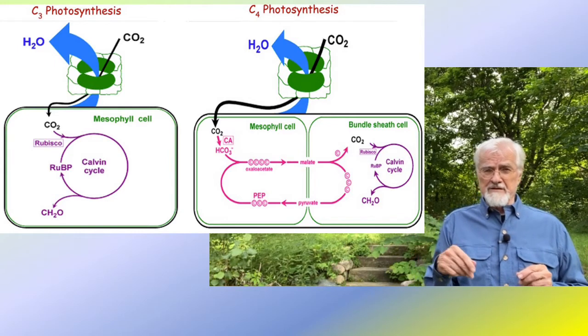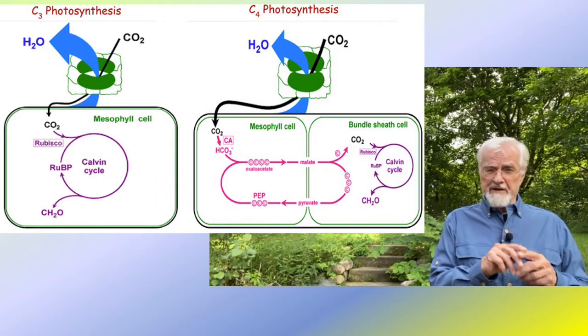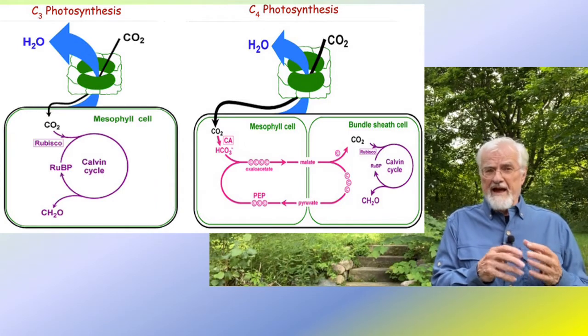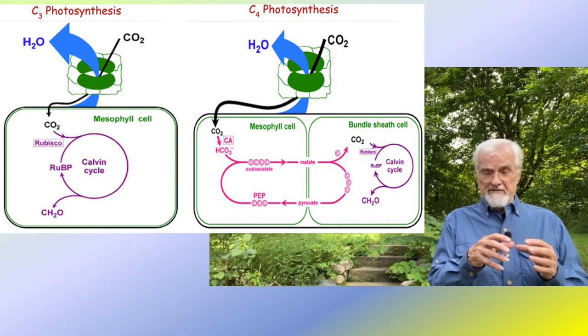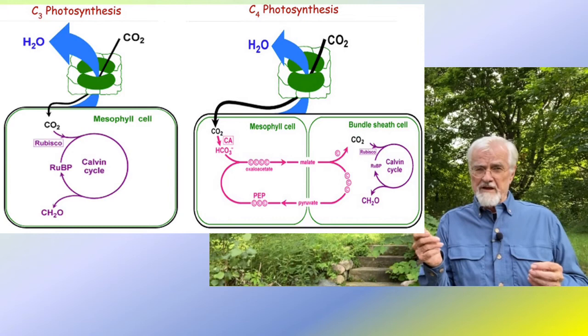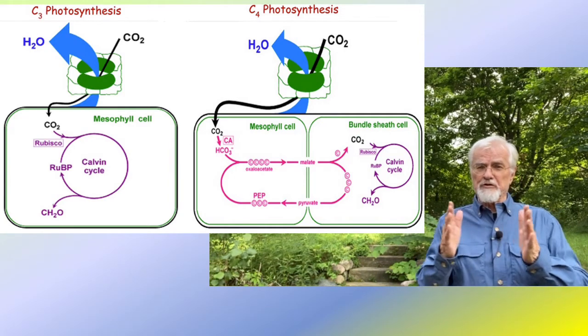So what happens is the depletion of carbon dioxide in the air that's occurring around the mesophyll cells is not relevant to what's going on inside of the bundle sheath cells. So effectively, you divide the whole process of photosynthesis into 2.